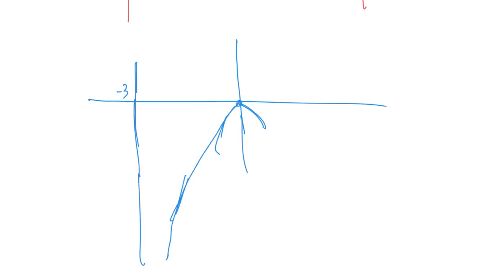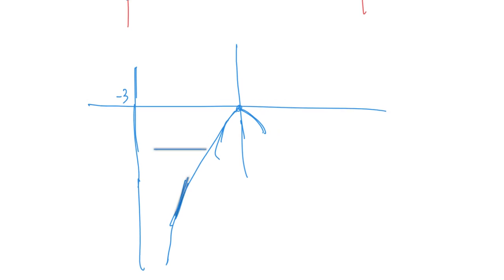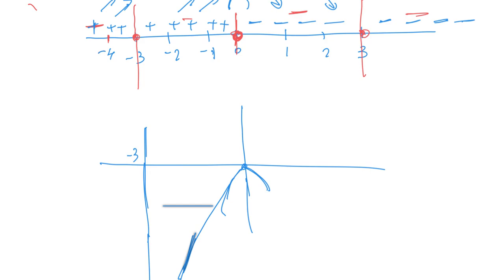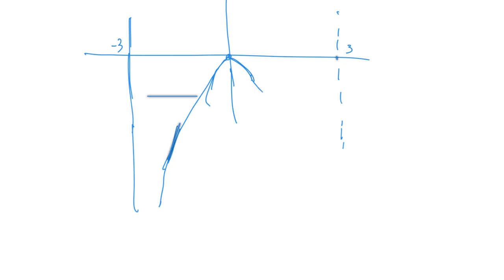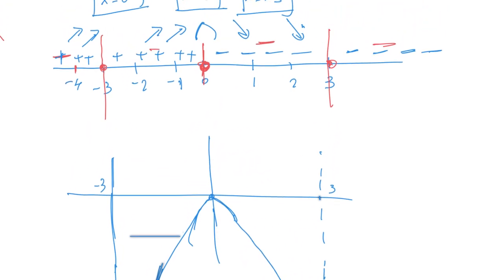Positive asymptote, you see? It's increasing from minus 3 to 0. Then from 0 to 3, the function is decreasing, and the slope goes to infinity.